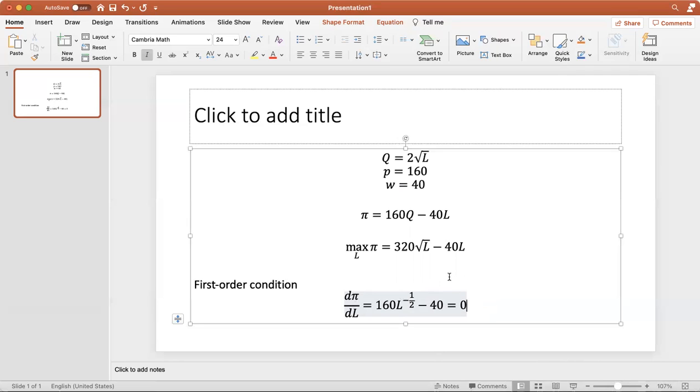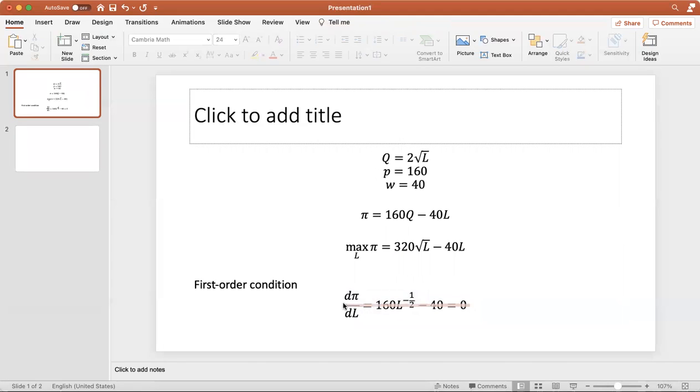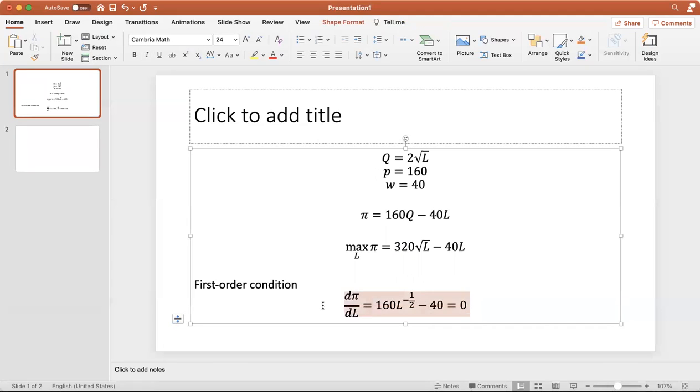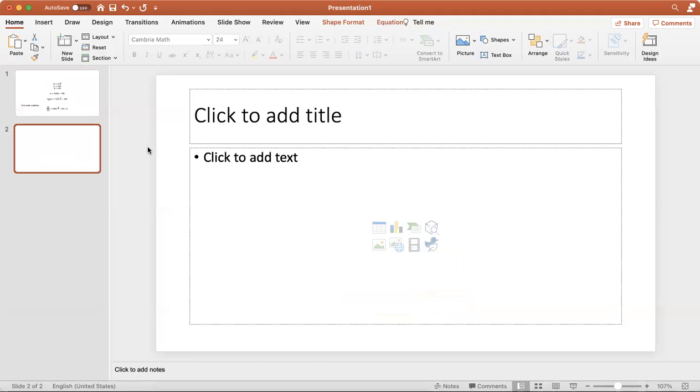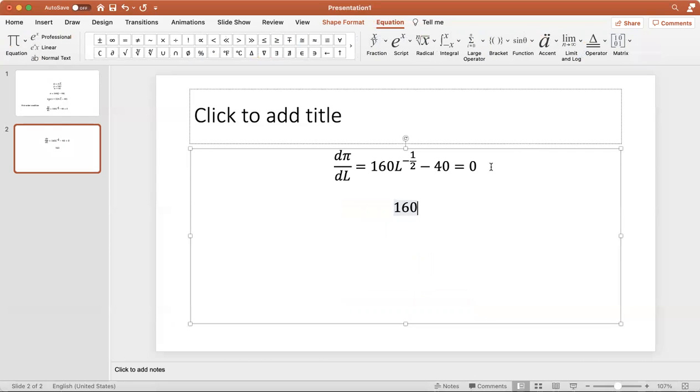Okay. So let's use another slide. So that's going to be 160. Let me just copy this. We'll have 160 L raised to 1/2 minus 40 equals 0. So you can just move 40 to the other side. So that's going to be 160 L raised to negative 1/2 equals 40.